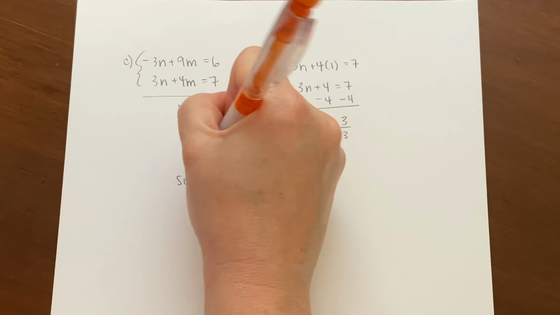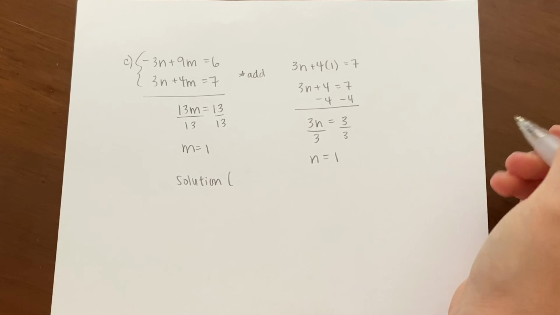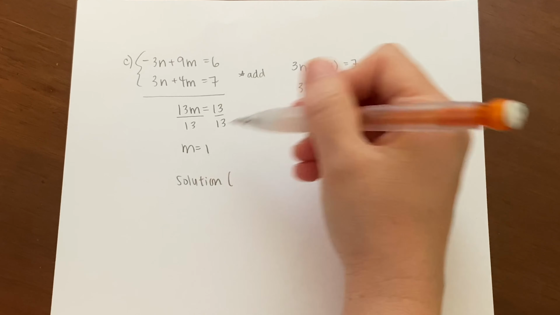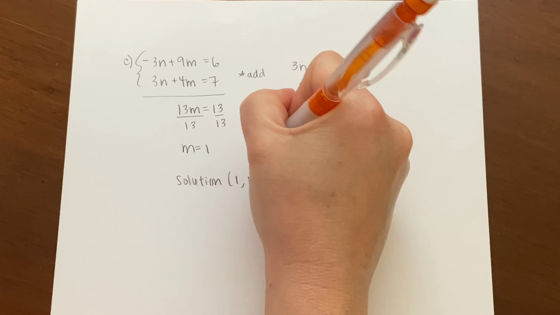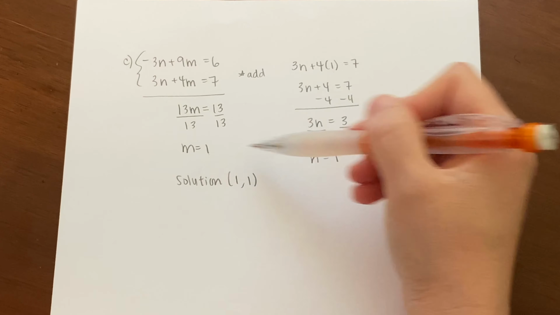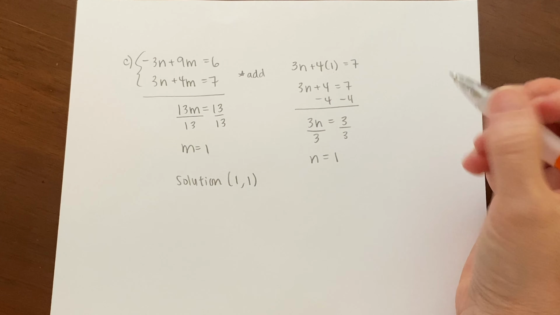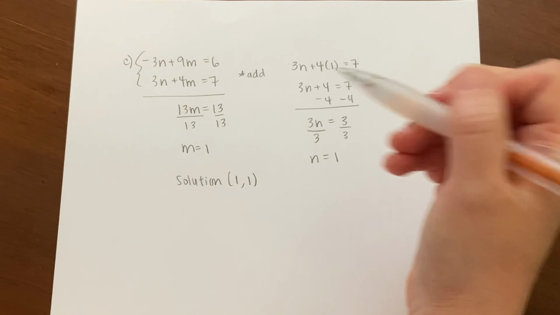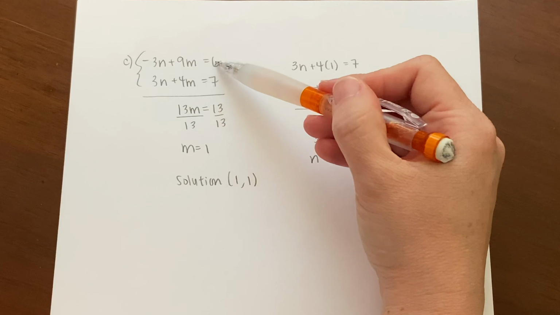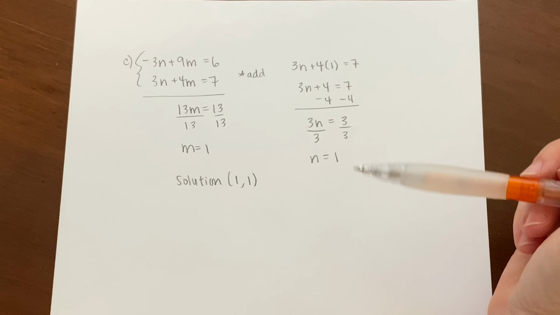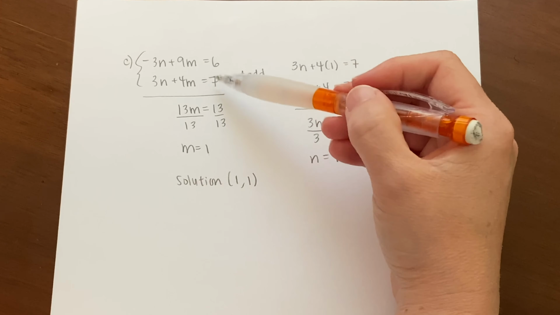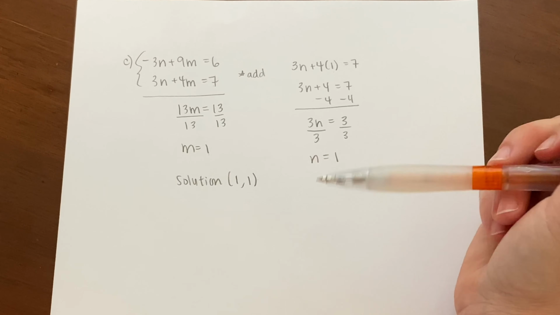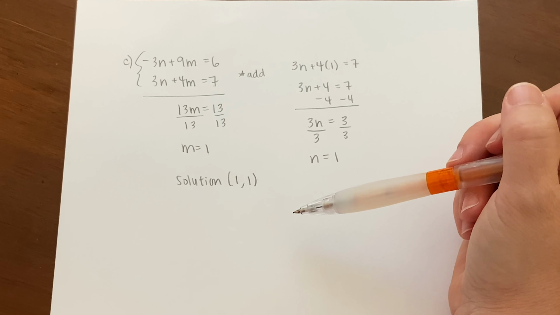So our solution, again, we're going to use alphabetical order. So m first, then n. In this case, you wouldn't really be able to tell because they're both 1. So we have the point 1, 1. If we had done the graphing method for this one, these two equations would have crossed each other at this point 1, 1. If we had done the substitution method, we also would have gotten the same solution, 1, 1.